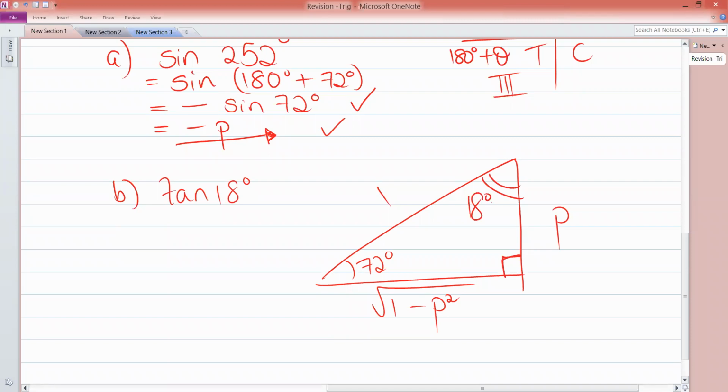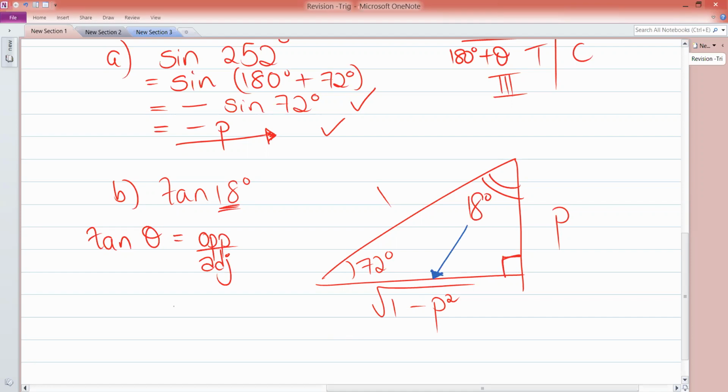Now, based on this, what would tan 18 degrees be? Remember, we know that tan theta is equal to the opposite side over the adjacent. Now, this is in relation to 18 degrees. So what's the opposite side here? The opposite side is this one.